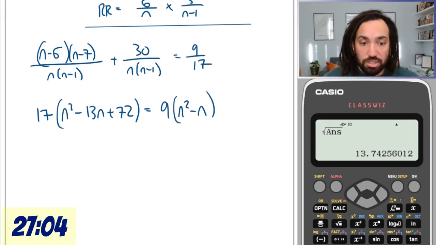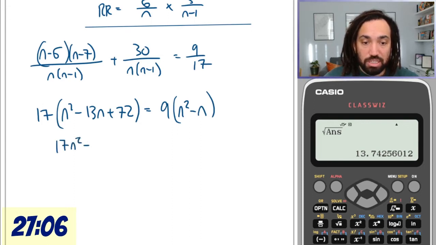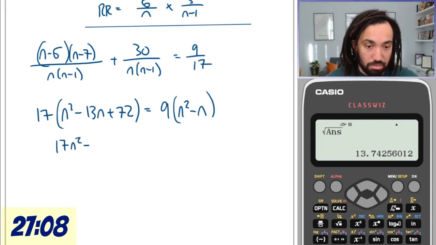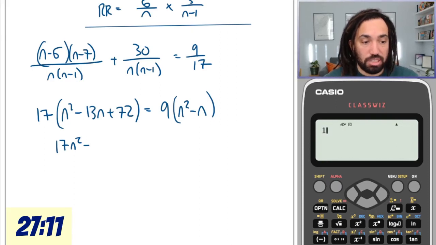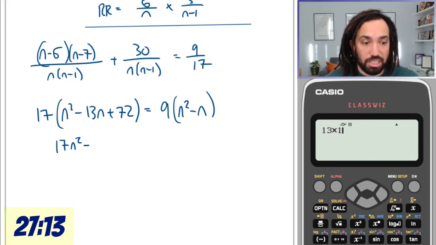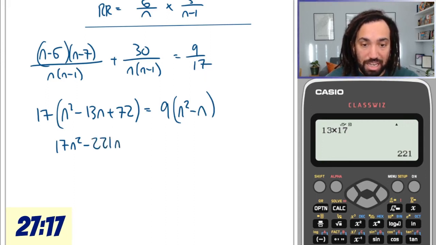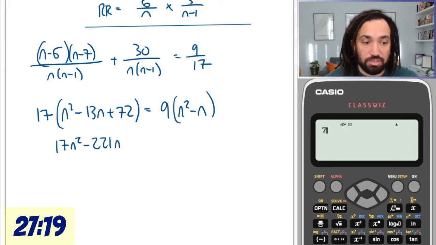Right, so we have 17n squared minus, let's do 13 times 17, so 221n. And then let's do 72 times by 17.